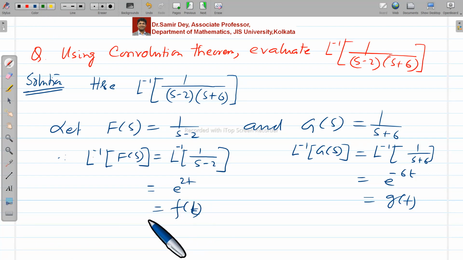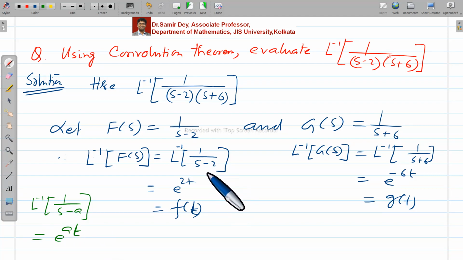We are using the formula L inverse of 1 by s minus a equals e to the power at. Here a equals 2, that's why I have mentioned e to the power 2t, and here a equals minus 6, that's why e to the power minus 6t. Clear? This is my advice to all of you: every time, if it is possible, write your formula again and again. It will help you a lot in future.